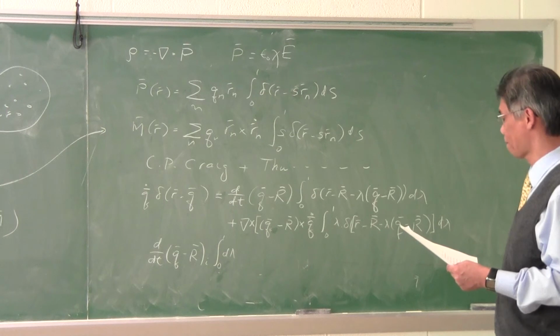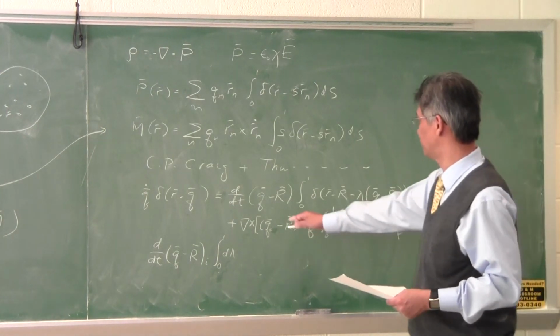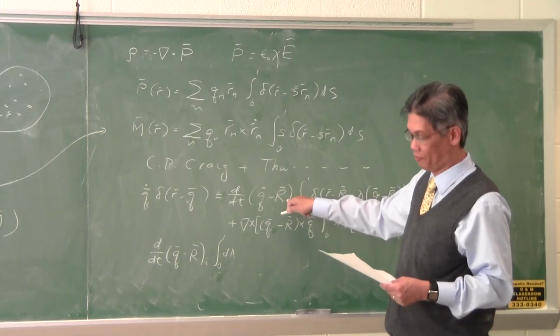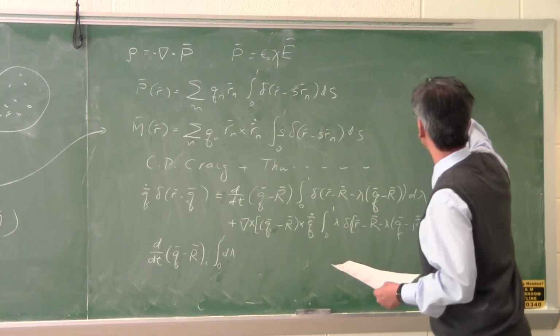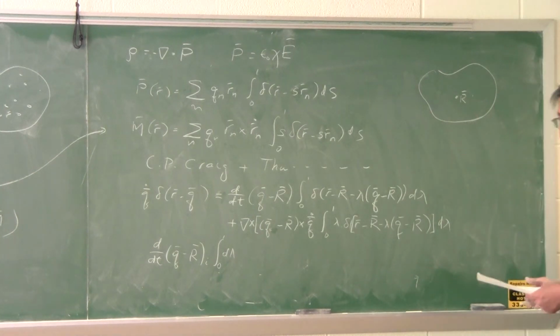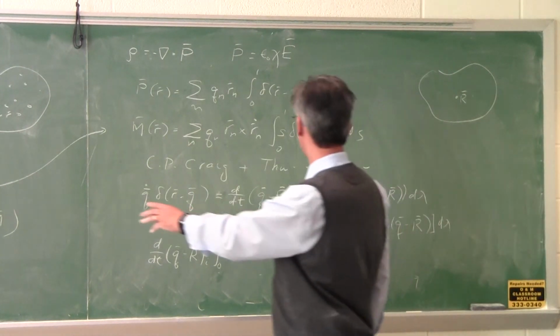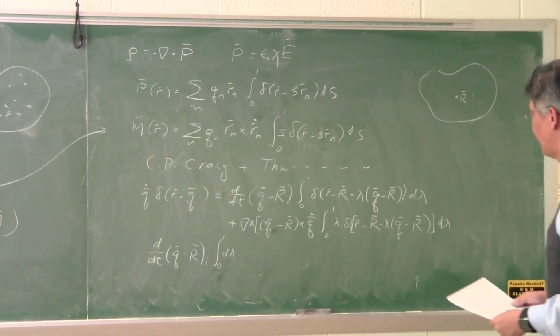okay. And if I differentiate this with respect to t, the R's are fixed points, like in the case of CP Craig, R is the origin of the group of charges. So it can be 0 in this picture over here. Okay, it's 0 in this picture over here in Novotny and Hecht.